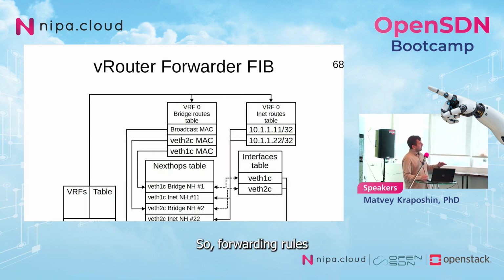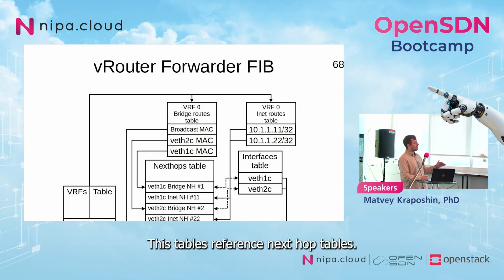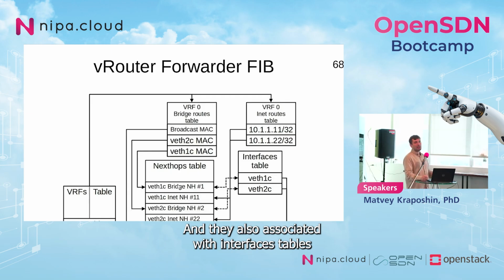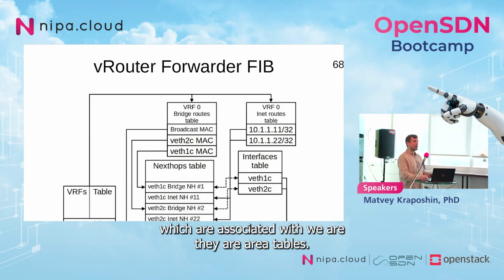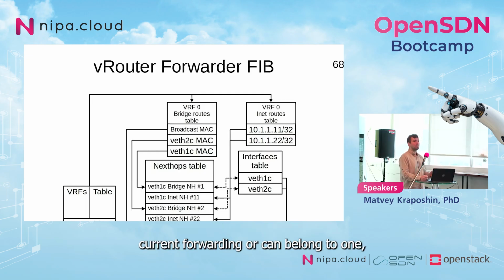Forwarding rules are stored in the inet routes table and the bridge routes table. These tables reference next hop tables, and they are also associated with interface tables, which are associated with VRF tables. So each interface can belong only to one virtual routing and forwarding, or to one virtual network.